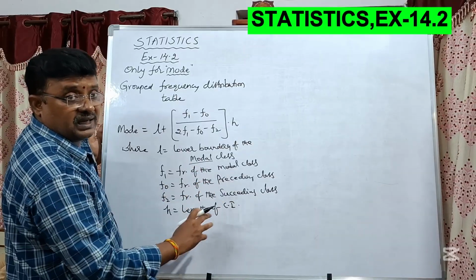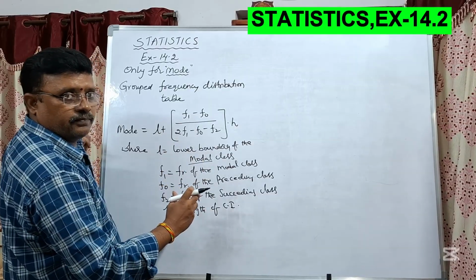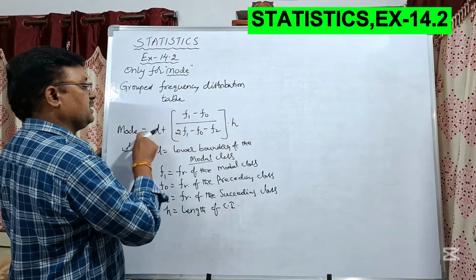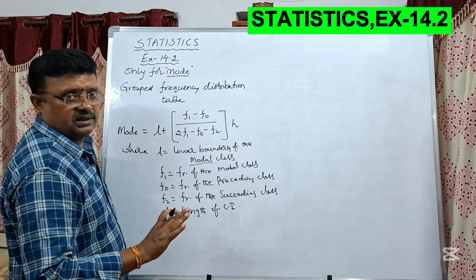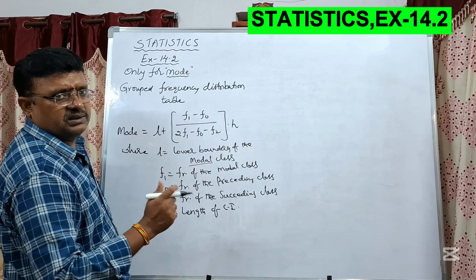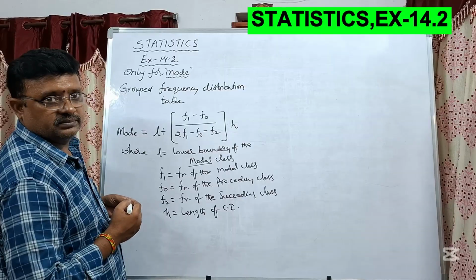By tracing out all these values from the given table, substitute in this formula, simplify, and you will get the correct answer. This is very easy to understand and very simple to solve also. We will see the exercise problems.